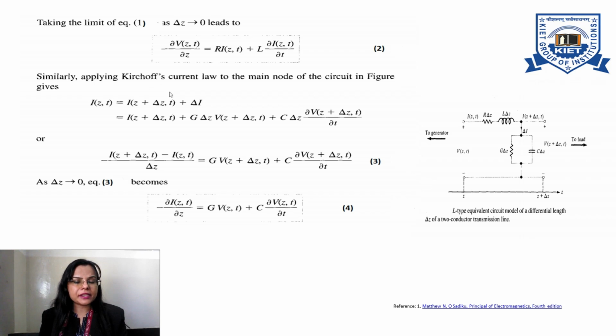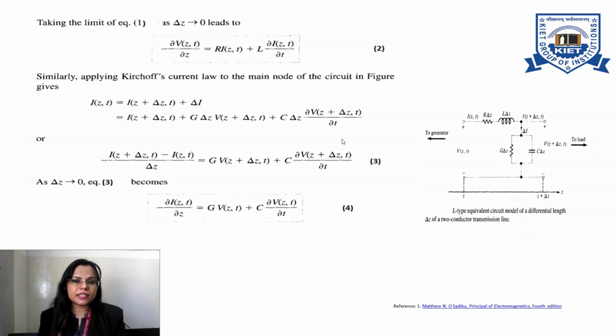Similarly, on applying Kirchhoff's current law to the main node of the circuit in the figure gives I(z,t) equal to I(z plus del z, t) plus delta I. Now I am breaking this del I, you can see here, del I equal to G del z V(z plus del z, t) plus C del z del V(z plus del z, t) over delta t.